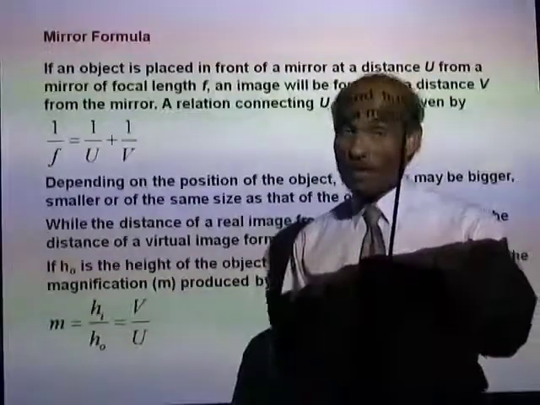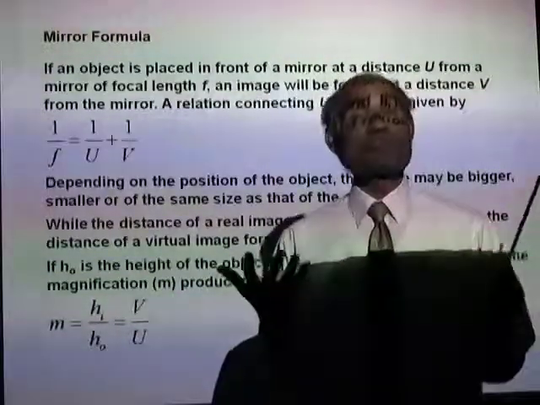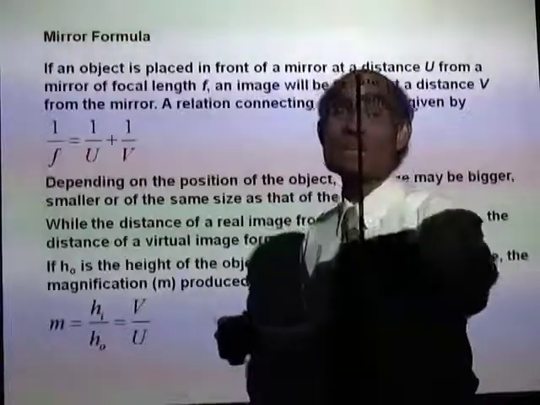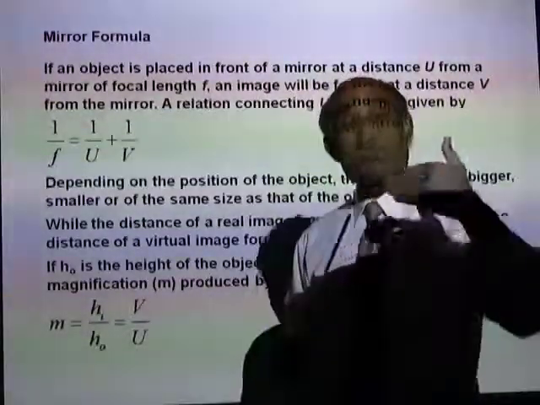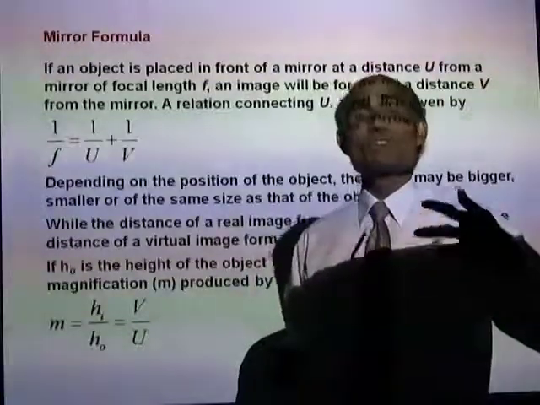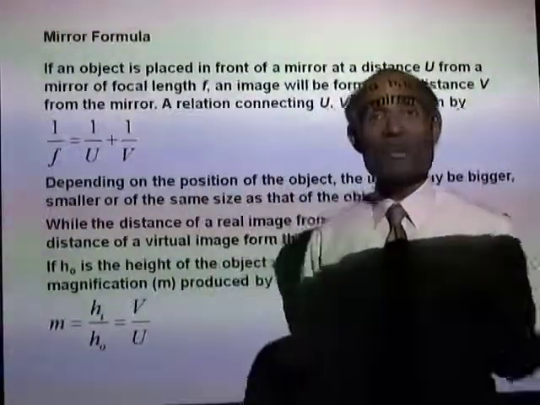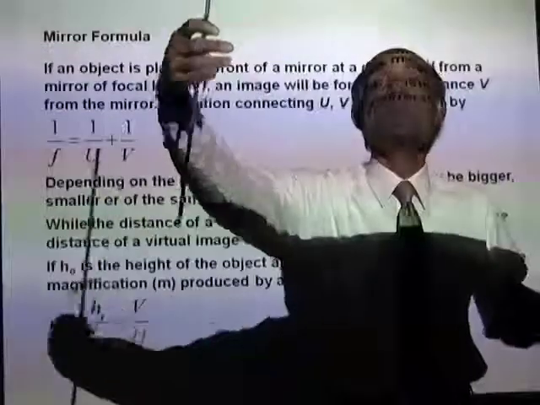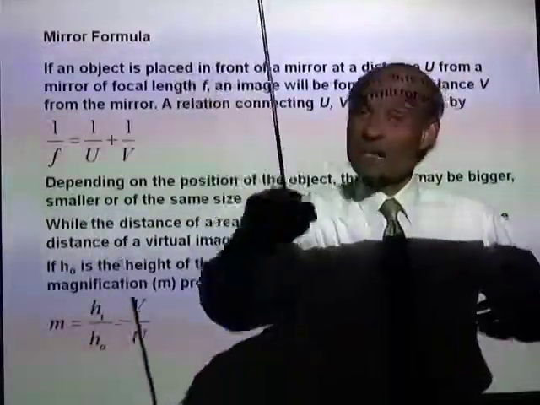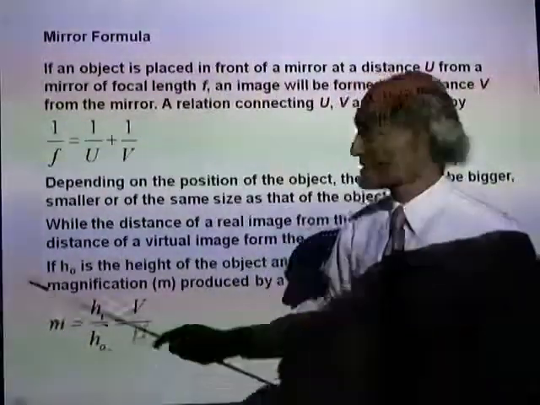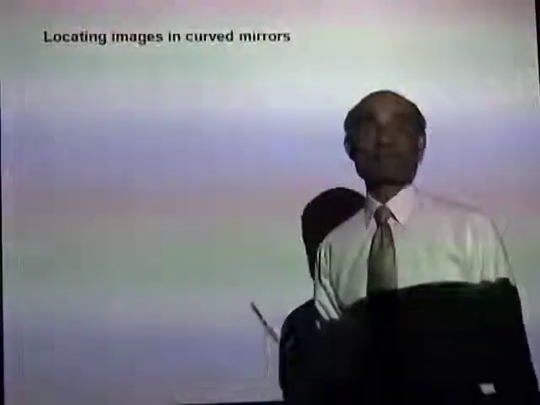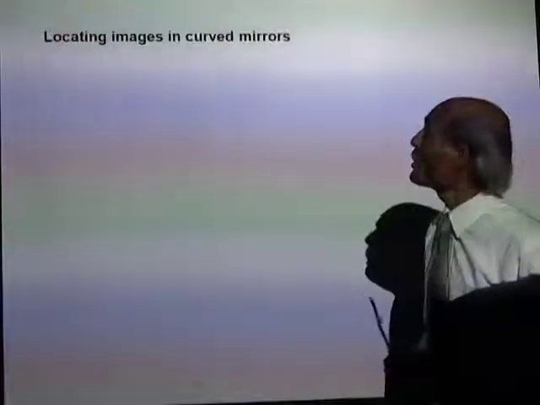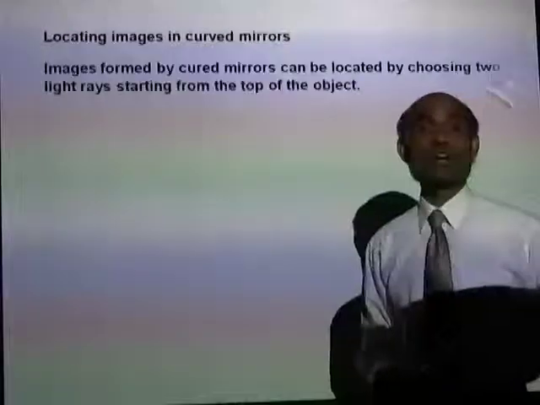In the case of a plane mirror, this magnification is 1 because the size of the image and the size of the object are the same. But in curved mirrors, you can create bigger images than the object and smaller images than the object. In such a case, magnification is a relevant quantity. Let's see how we can locate images in curved mirrors.